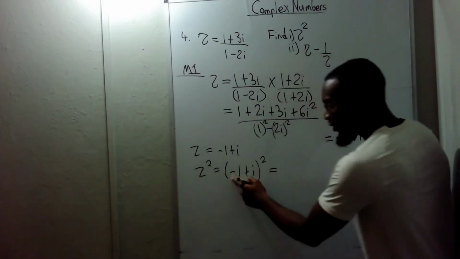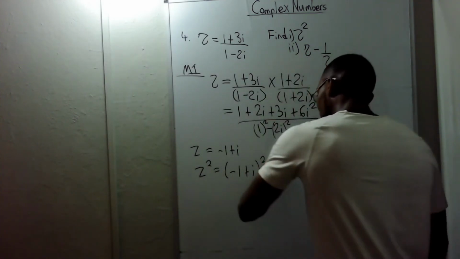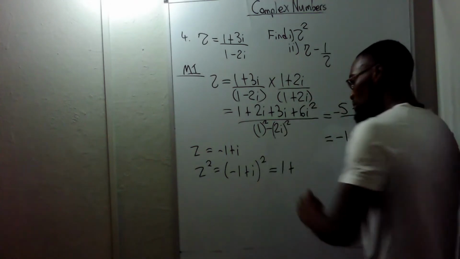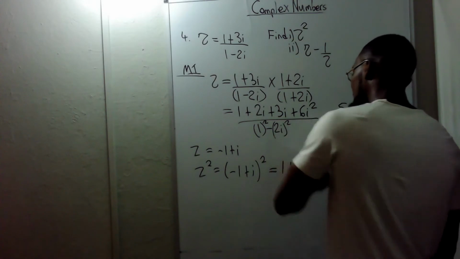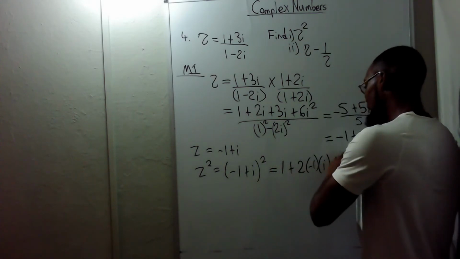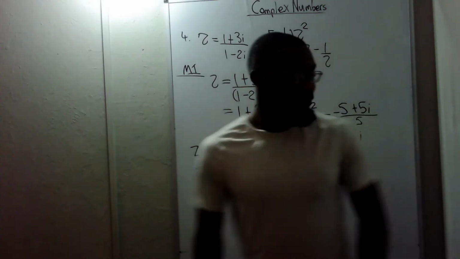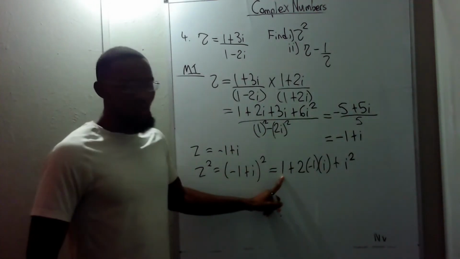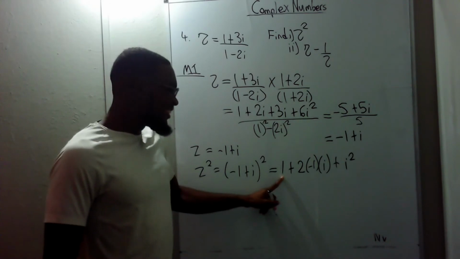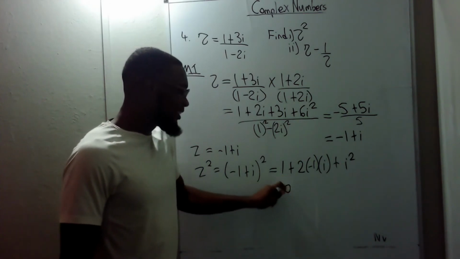That's going to be first term squared, which is 1, plus twice the product of the 2, 2 times minus 1 times i, plus second term squared, which is i squared. Beautiful. i squared is what? -1. -1 plus 1 is what? 0. So this becomes 0.